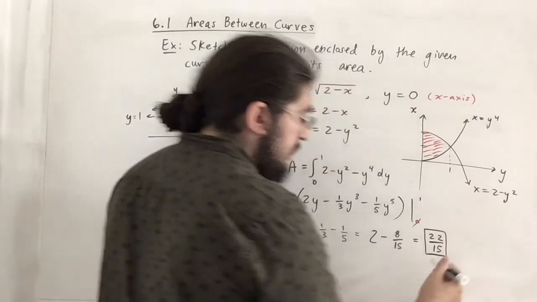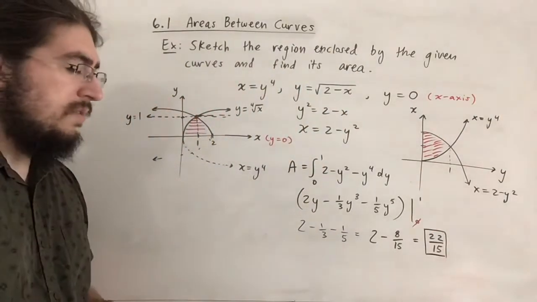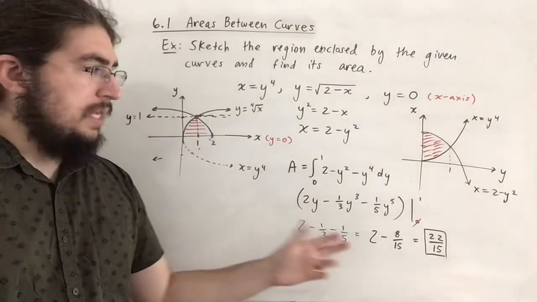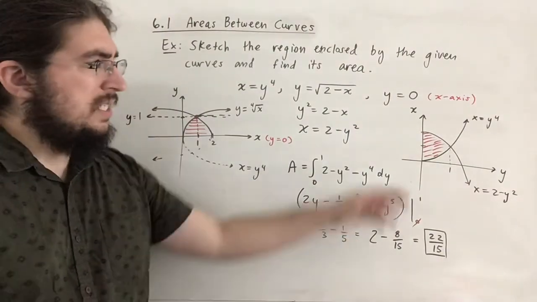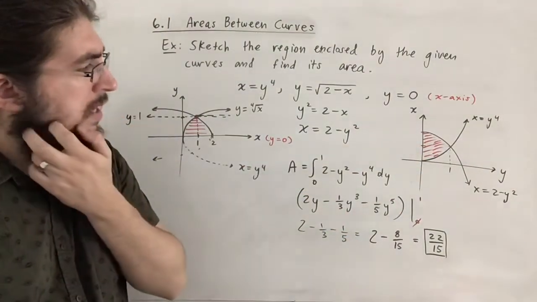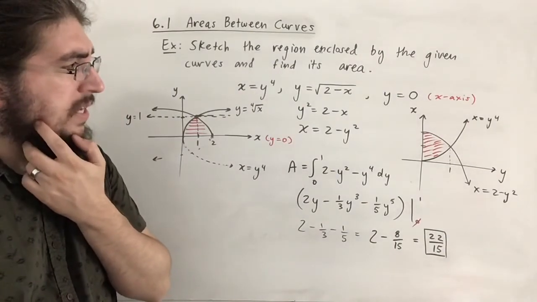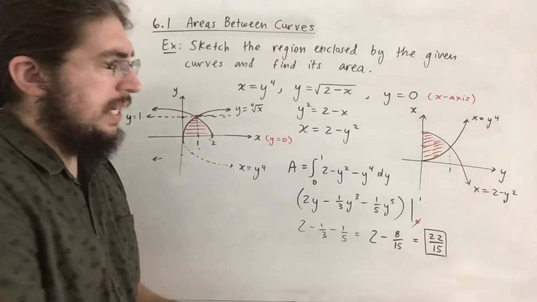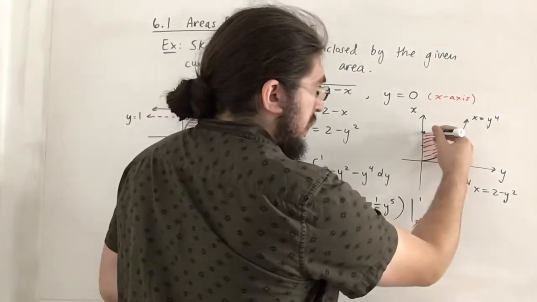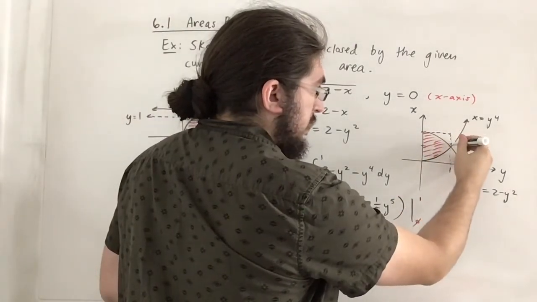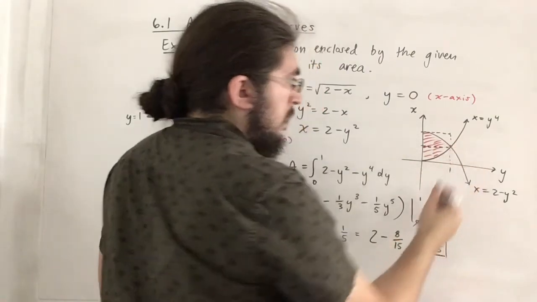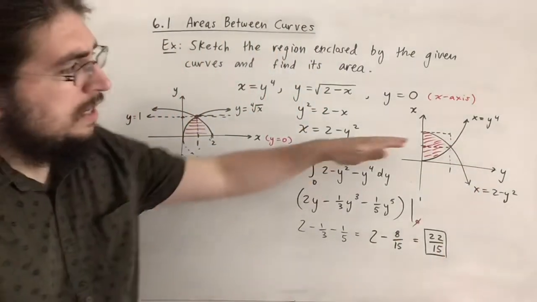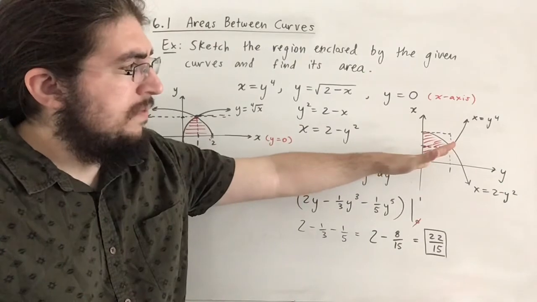Awesome. And if you want to write this as a mixed number, it's 1 and 7/15, just to give an idea of what the actual value of this area is, which sounds correct actually, because if you look at these unit squares, we get the impression that each of these is a little more than half.